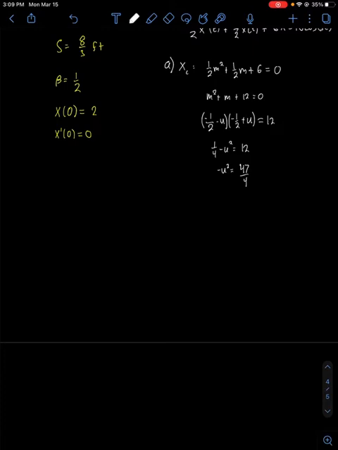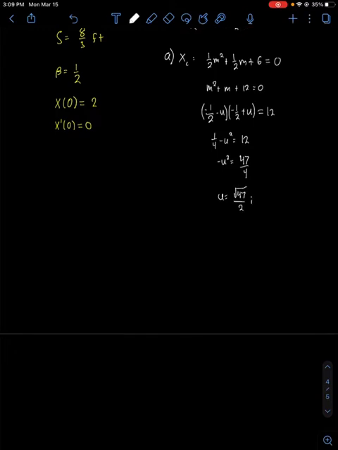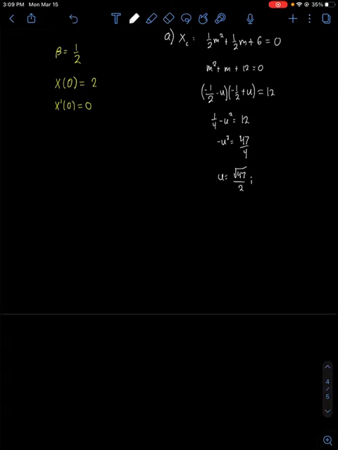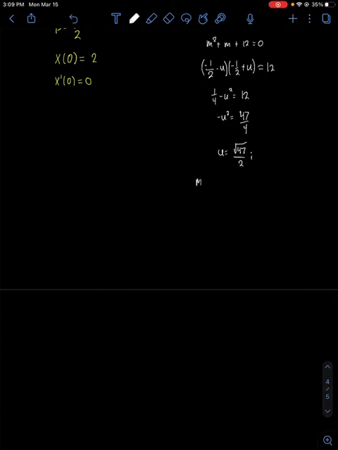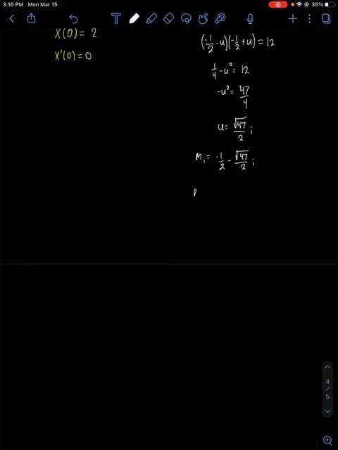Divide by negative 1, take the square root, so we have u equals the square root of 47 divided by 2 times i. Now we plug this u back into these two factors. So we have the first root, m1, is negative 1/2 minus the square root of 47 over 2 i. The second root is negative 1/2 plus the square root of 47 over 2 i.